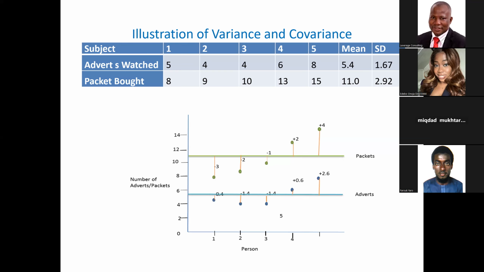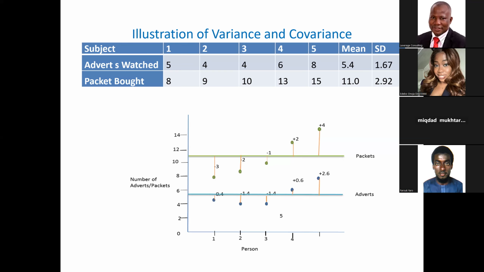That's why you put minus here. The third person, the same thing. The fourth person, the value is 6, and that one is above the mean, because the mean is 5.4 and this is 6. So the difference is 0.6 in the positive direction.